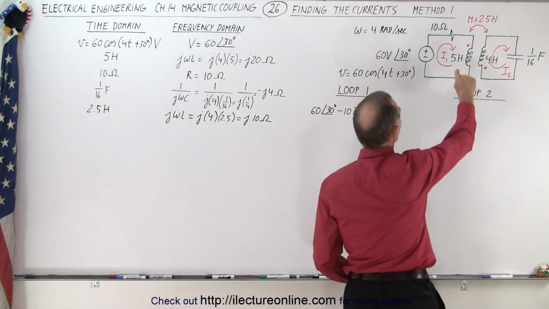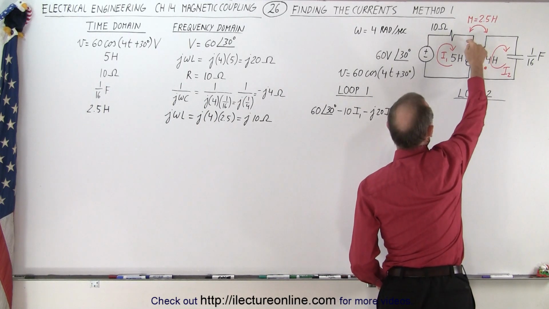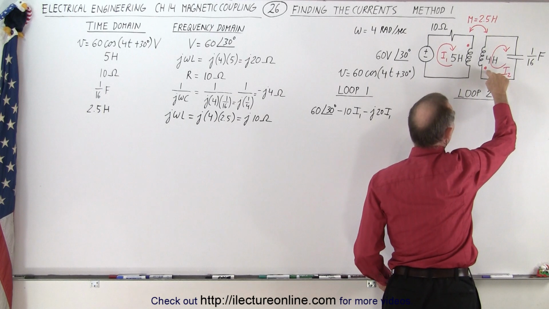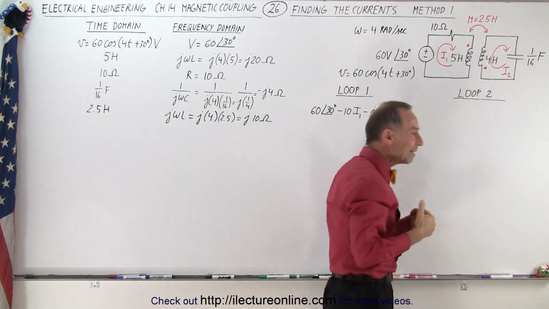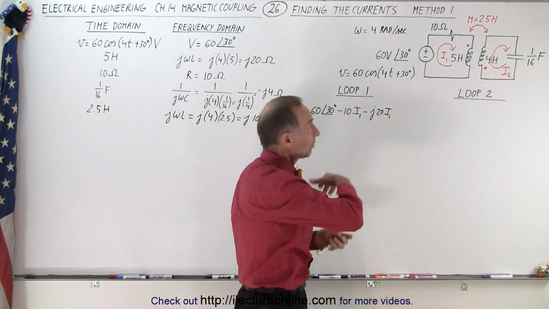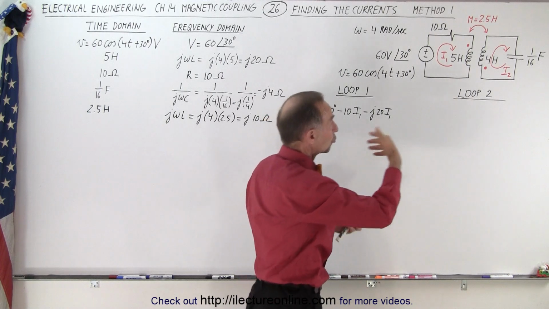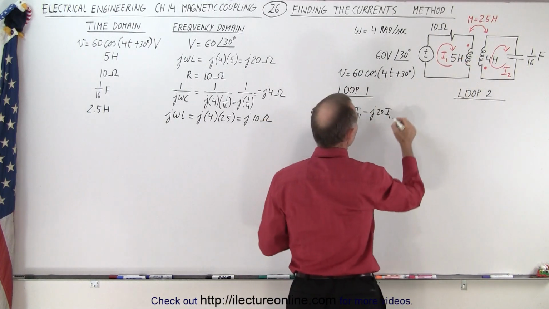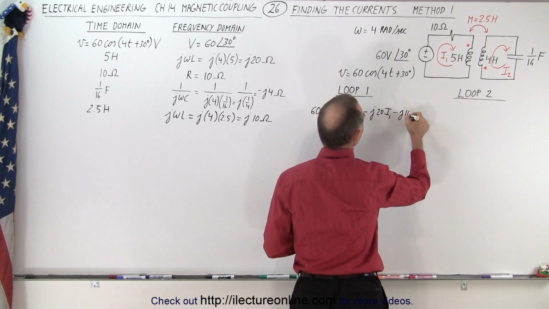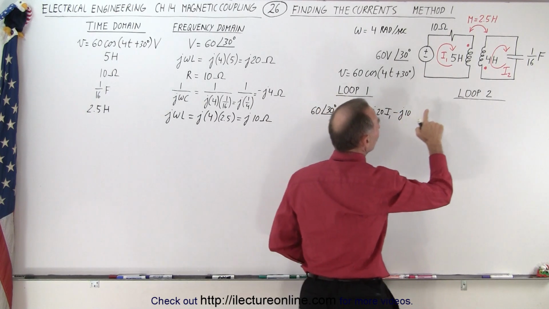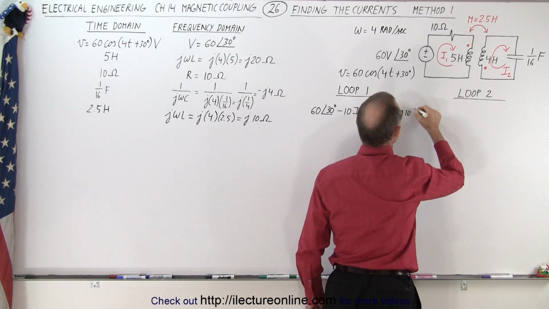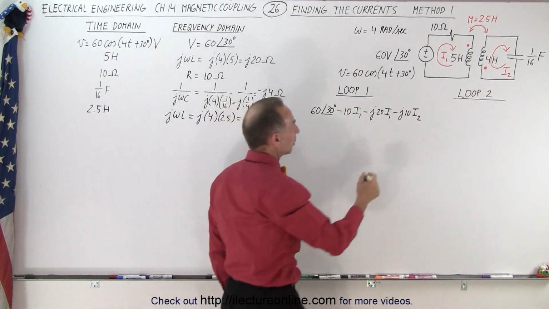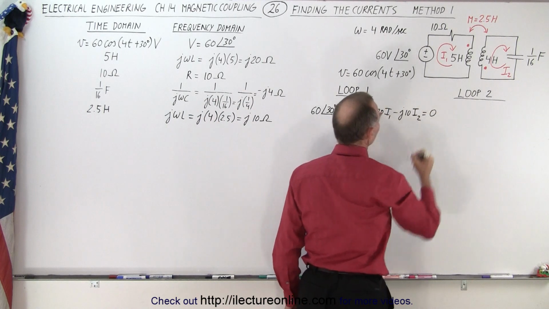Notice that the current enters on the dot side of this inductor and on the dot side of this inductor. So the coupling is additive, and since it's additive, we need a voltage drop across it, just as if we're going across the inductor. That would be another minus j10, but this is due to the current in the other loop, so minus j10 I2. And when we add all that up, it equals 0.